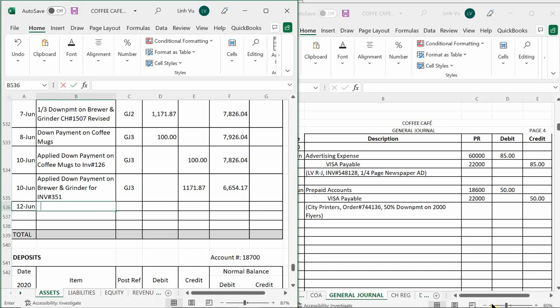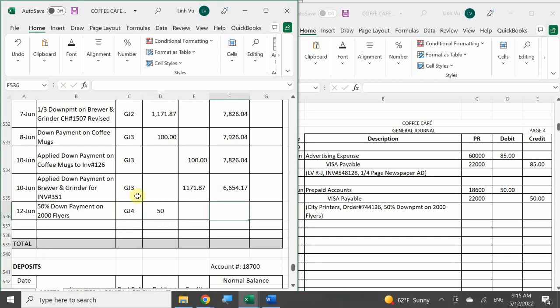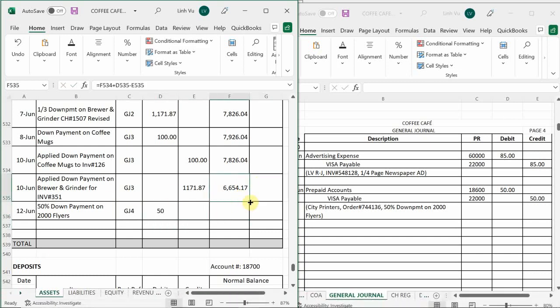We did a 50% down payment on 2,000 flyers. General Journal, page 4. And we increased our prepaid accounts by $50. So therefore, you should now have 6704.17.